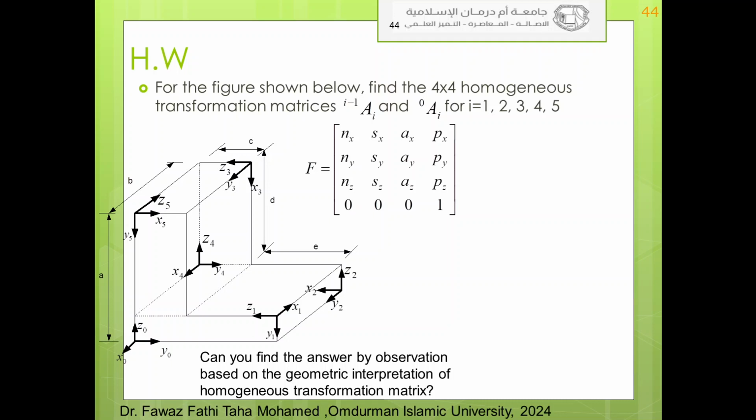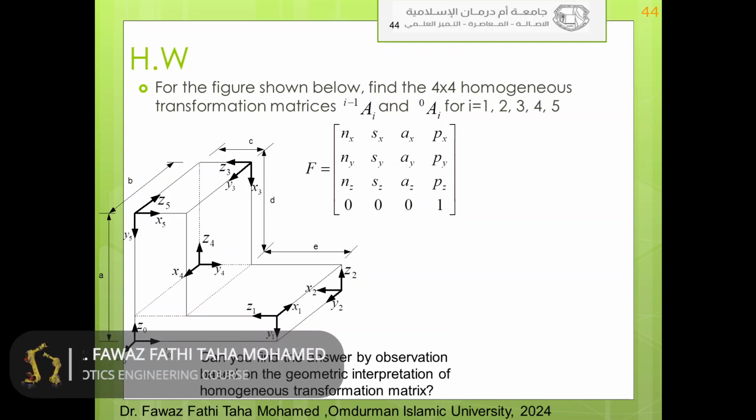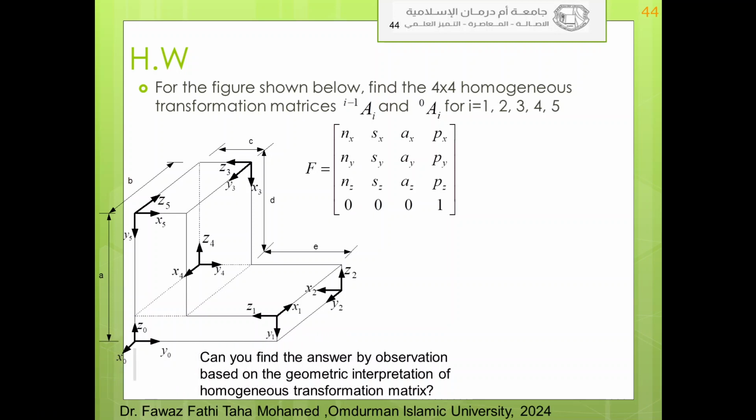We can use inspection if we just have simple orientation. But if we have complex orientation, it is better to use the multiplication of homogeneous transformations.